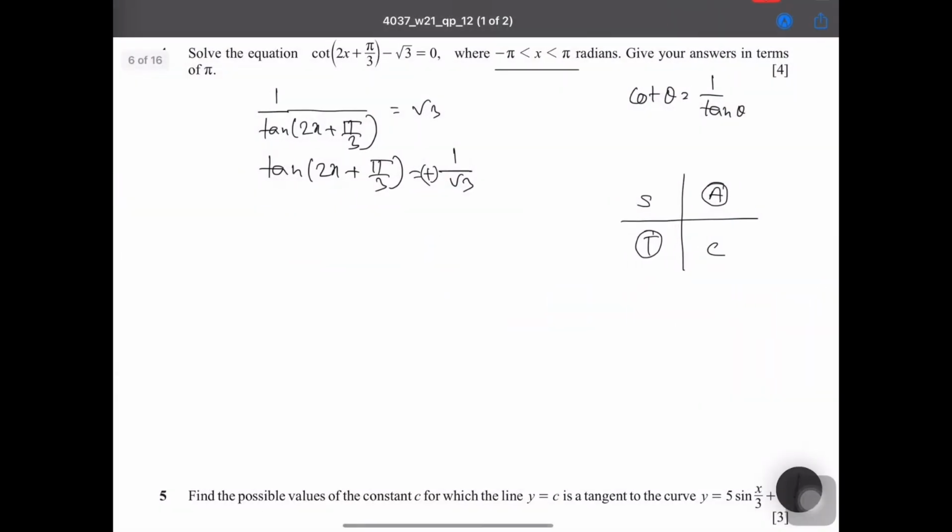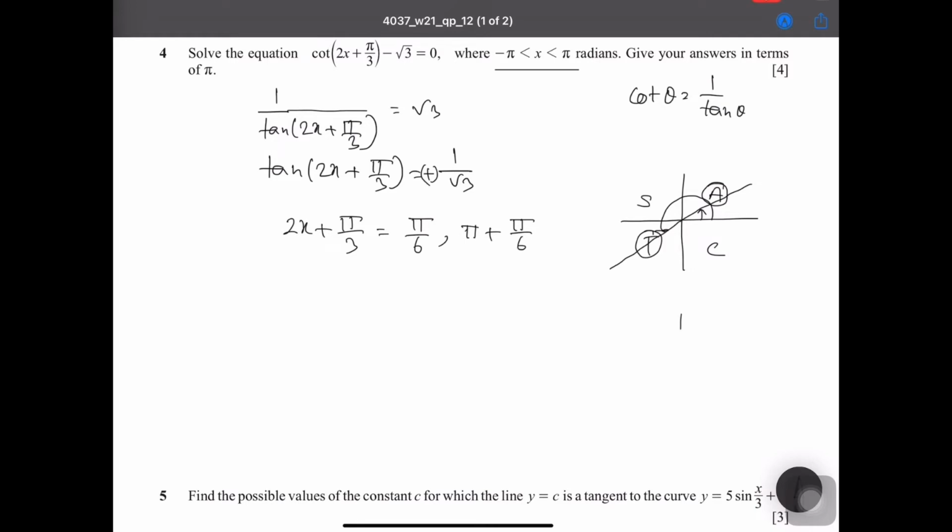So in that way we get 2x plus pi by 3 equals pi by 6. That is the first quadrant. And then if we go more, I'm moving in the anti-clockwise direction. This is pi plus pi by 6. In that same way we can go more.